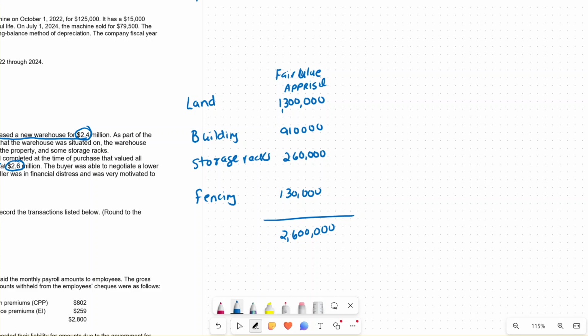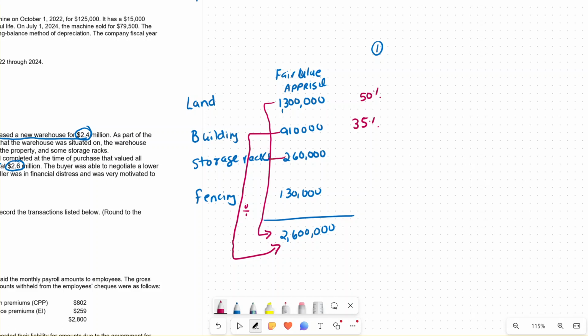The first thing you're going to do is calculate the percentage. How do I calculate it? You take 1.3 million and divide it by 2.6, and it will give you 50%. Then you take your 910,000 divided by 2,600,000, it will give you 35%.